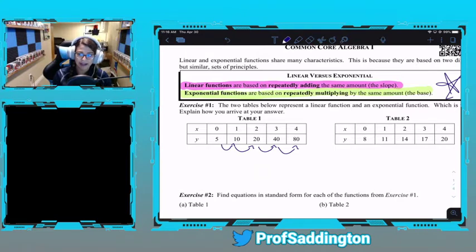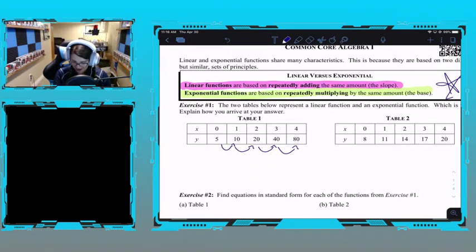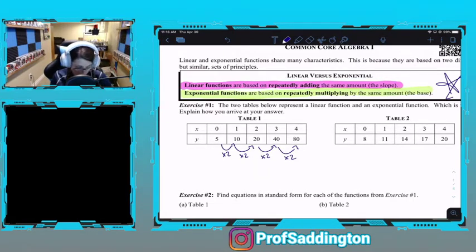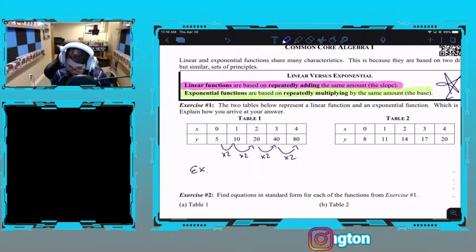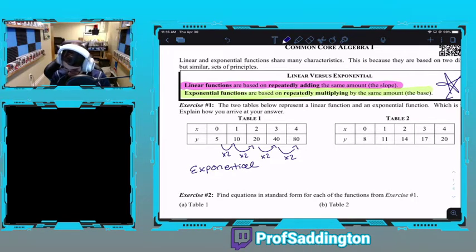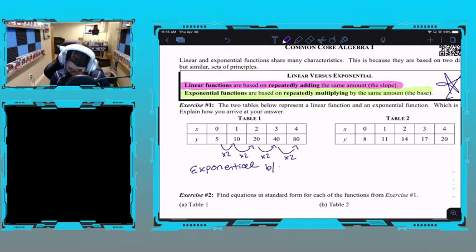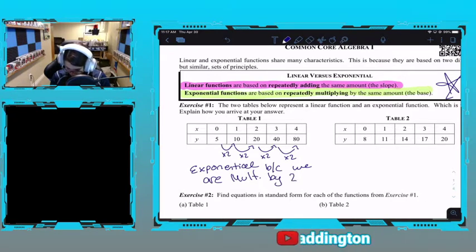So what is that pattern? Well, it's not addition, it is multiplication. Each time we are multiplying by 2. So this is going to be exponential, because we are multiplying by 2.